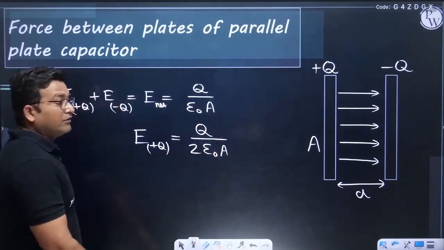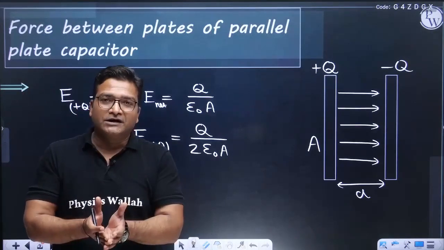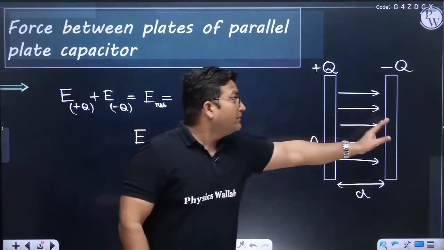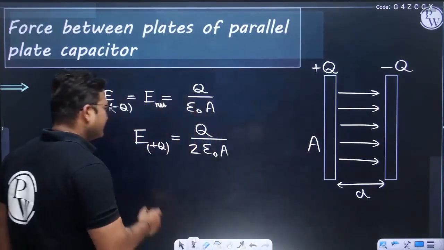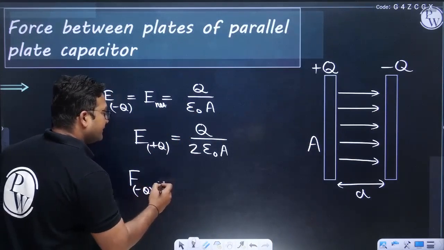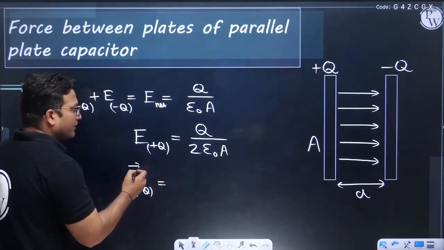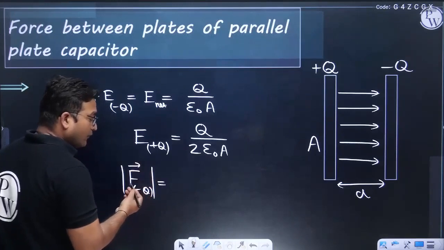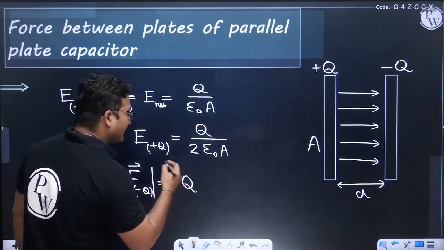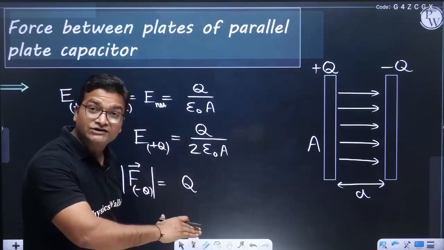This is the field that will apply the force on the minus Q charge. So the force on the minus Q charge, I'm looking for magnitude only, will be equal to the magnitude of charge multiplied by the field because of the other charge.